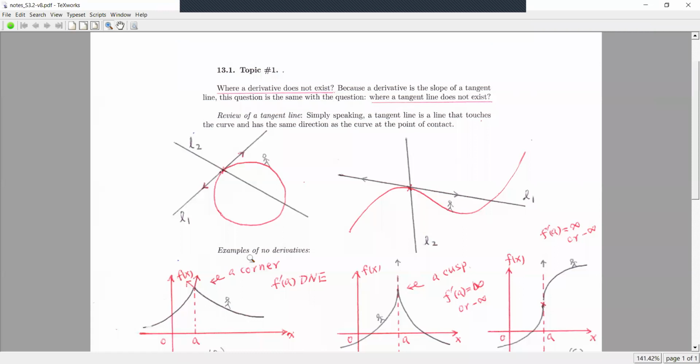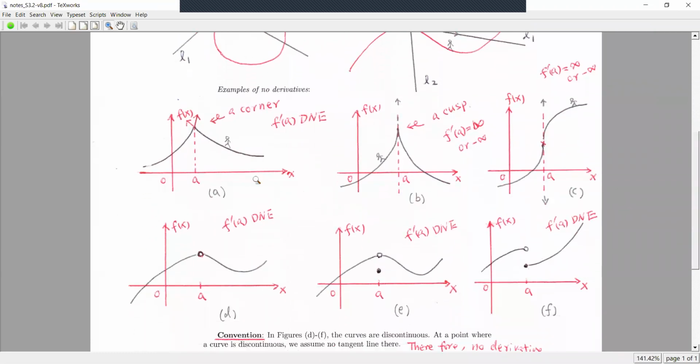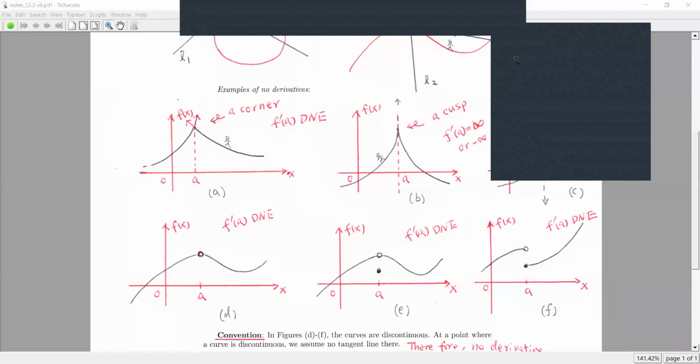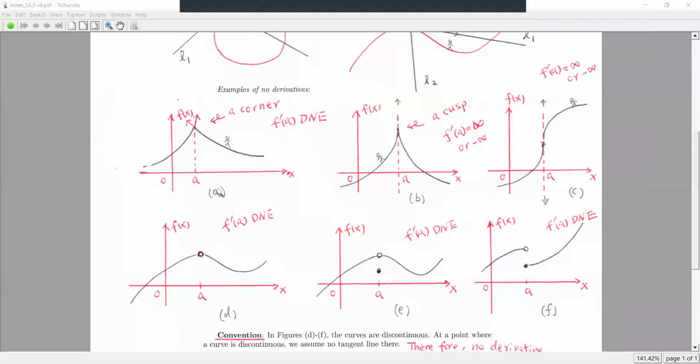Now, let me show you examples about where a derivative doesn't exist. Here we have 6 figures. The functions in these figures, they don't have derivative at the point A. Now, consider figure number A. In this figure, the graph of the function has a corner at the point A. When a graph has a corner, no tangent line exists.